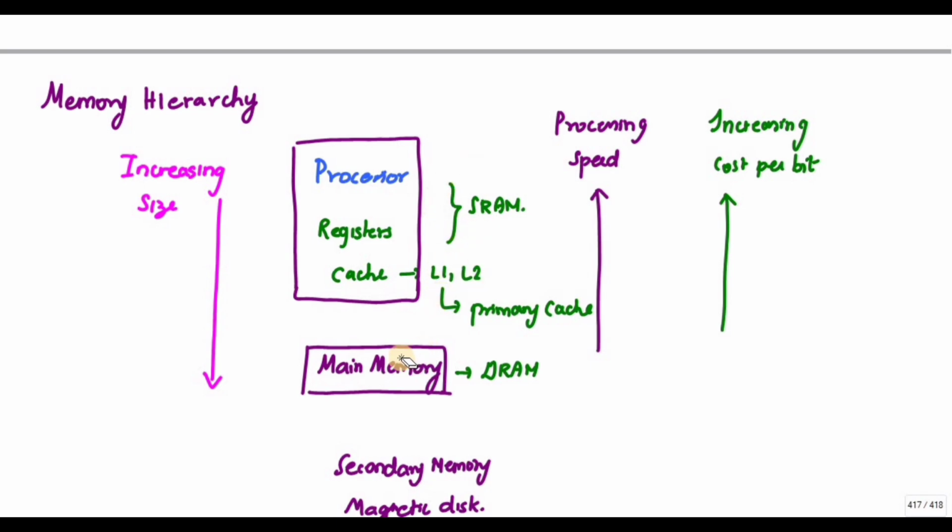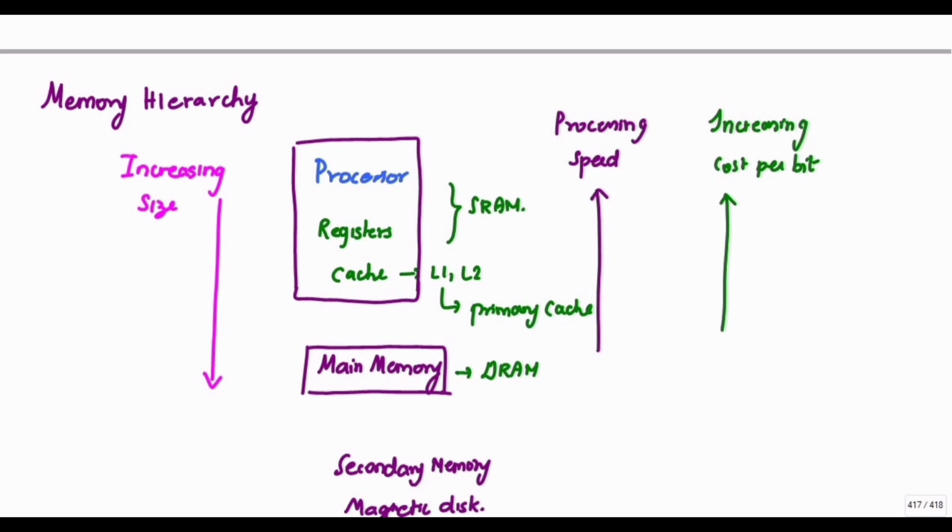I have already told you the main memory is usually made of dynamic memory components. The main memory is much slower compared to cache memory. At the bottom is secondary memory, the magnetic disk, which operates at a very low speed.